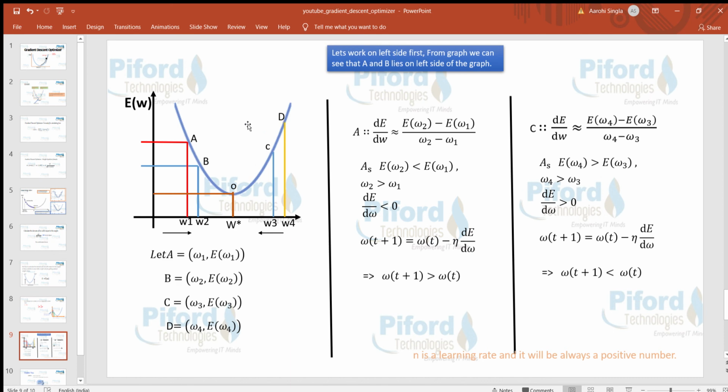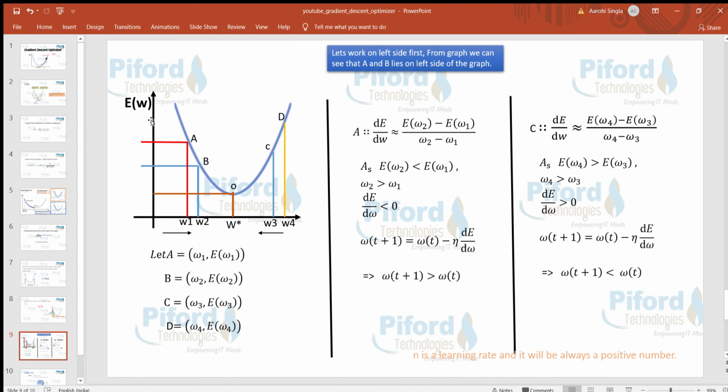Where is error of W4? Somewhere over here. And error of W3 will be somewhere over here. That means error of W3 is smaller than error of W4. This is what I've written here: error of W4 is greater than error of W3, which is true, right?